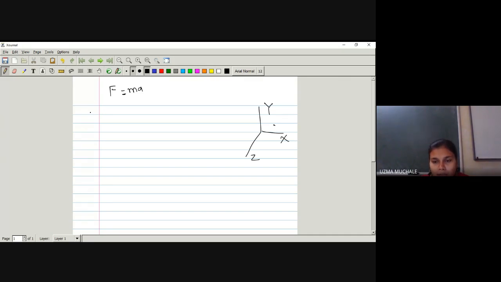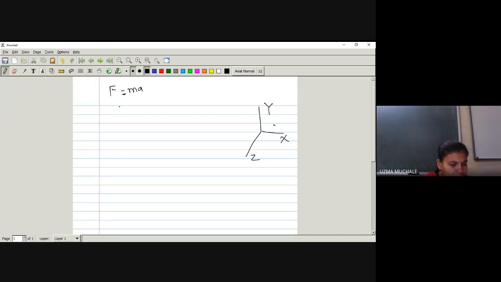Is it given that the particle is at some x-axis only, or at a y-axis or z-axis? It is not given, so there is no restriction or constraint on the particle. So how many generalized coordinates will it have? 3 generalized coordinates, because there is no restriction. So hence we have 3 generalized coordinates for a particle, right?